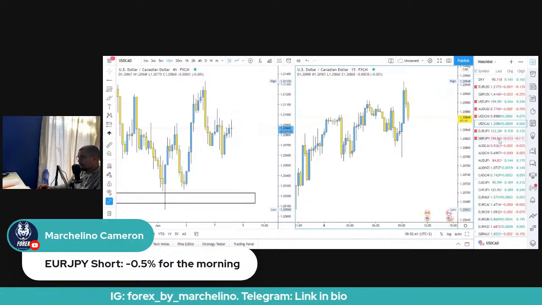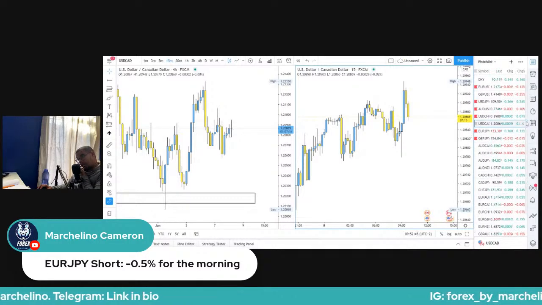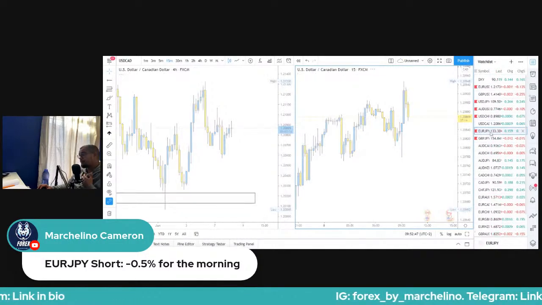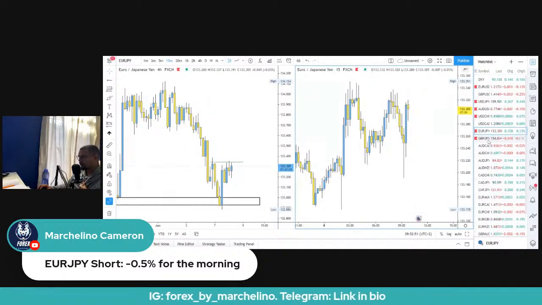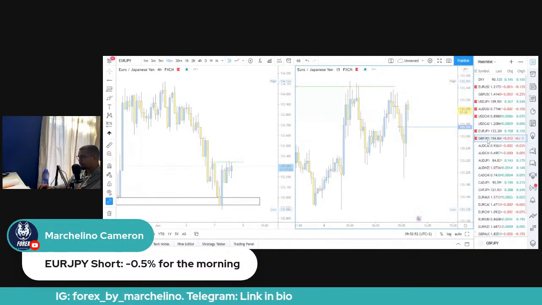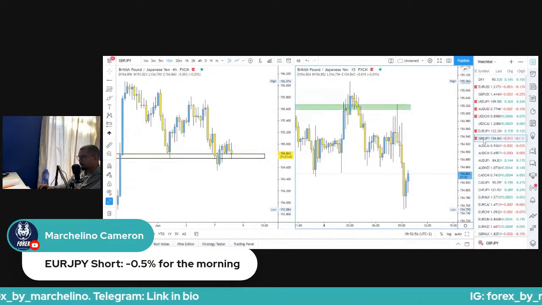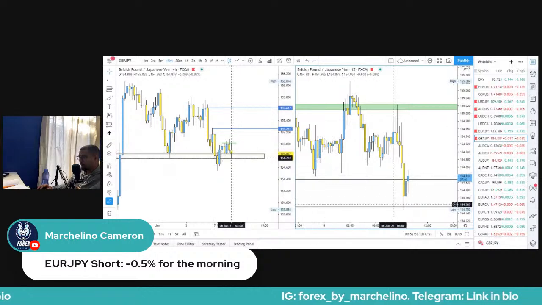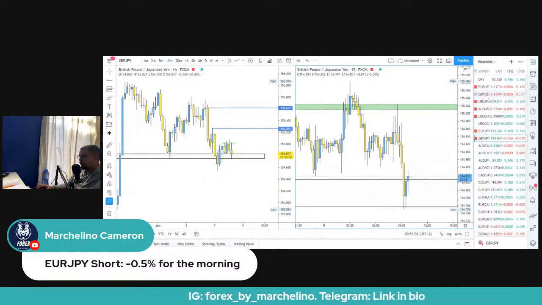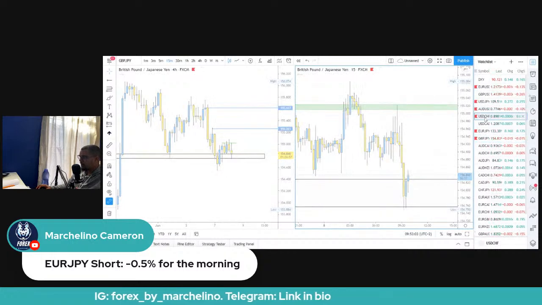USD CAD looking like it's pushing down. I just want to find a pair that I can focus on, looking at the way it's reacting from levels. Okay, I'm not too sure about that pair. I would like USD CHF.